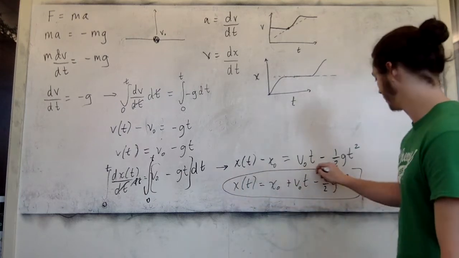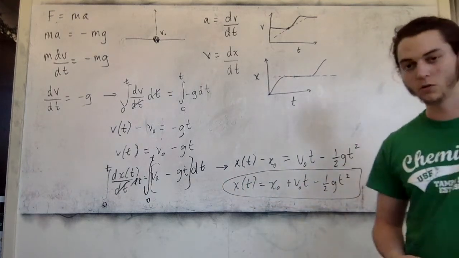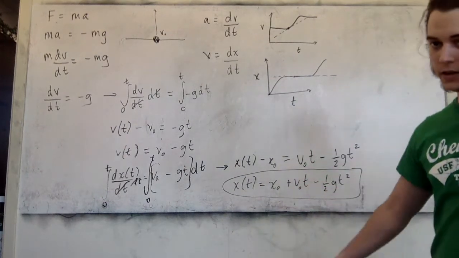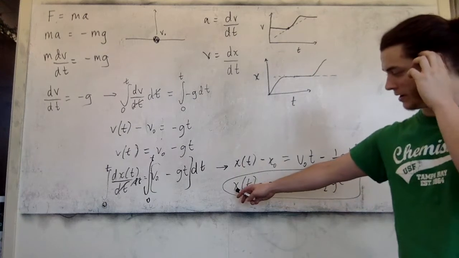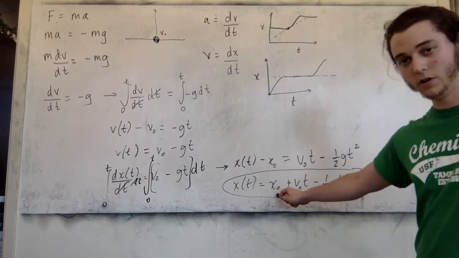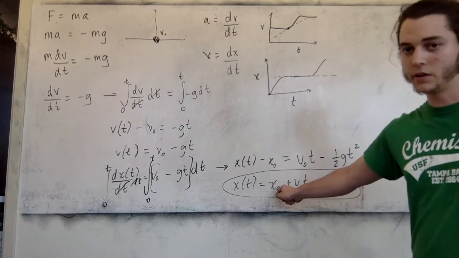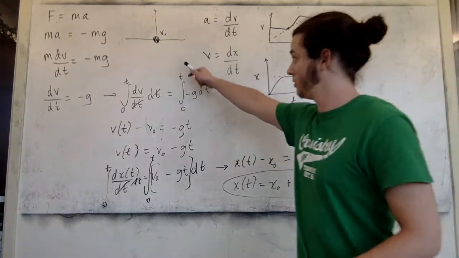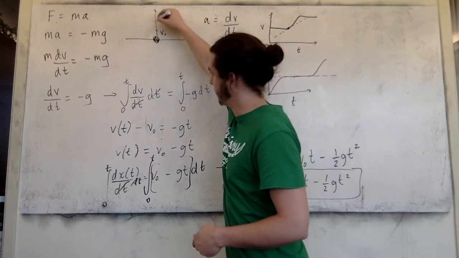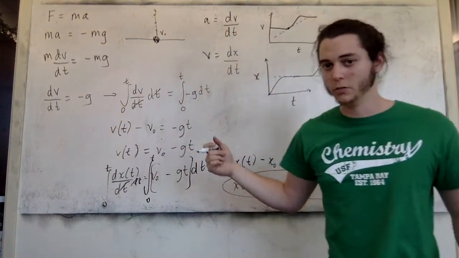This equation is, to me, the coolest equation in kinematics because it can tell you the position of a particle at any time as a function of time. If you know the initial position, which we can say in our case is simply 0 for the bowling ball, right there. Here it's 0, it goes up maybe 1 inch, 2 inch, 3 inch, 1 meter, 2 meter, 3 meter, whatever.